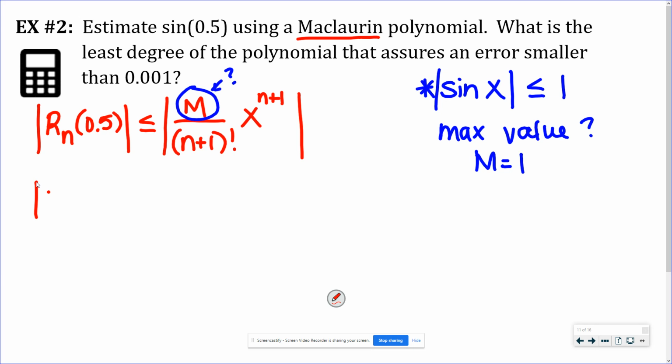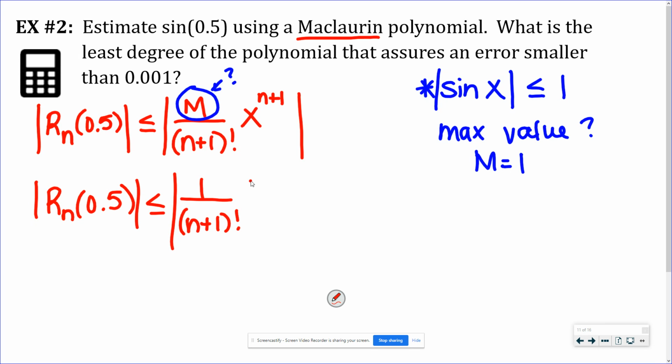All right, so I guess I can plug in now. I'm going to plug in 0.5 for x, and I'm also going to plug in 1 for the m value. Okay, so I have this.